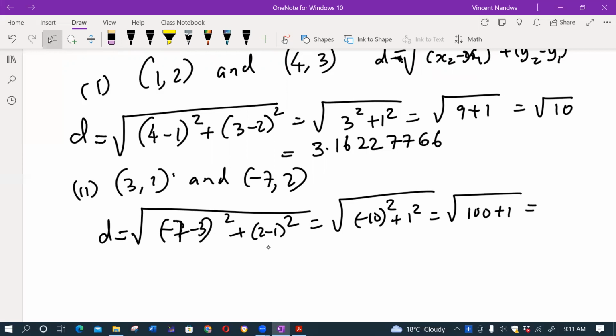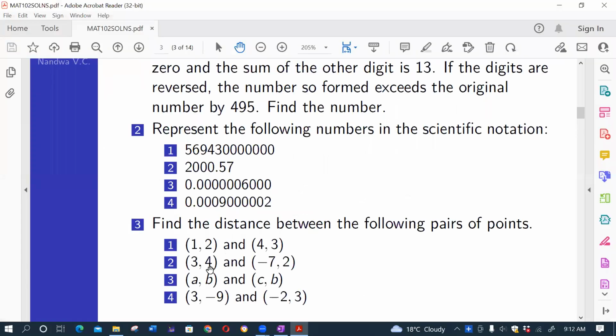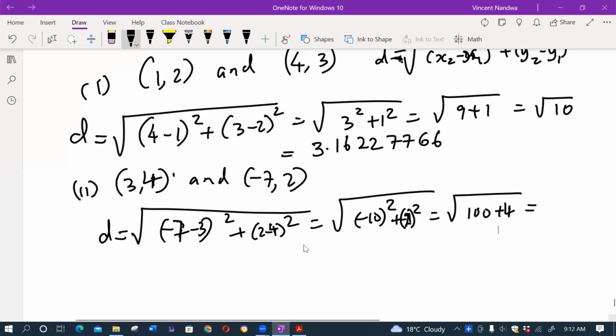Okay, this was 4, not 1. So this is minus 10 squared plus minus 2 squared, 100 plus 4. So this is the square root of 104, which should be the same as 10.19803903.